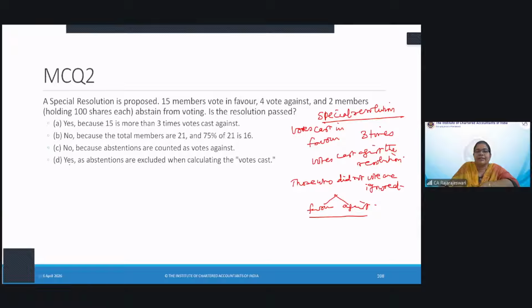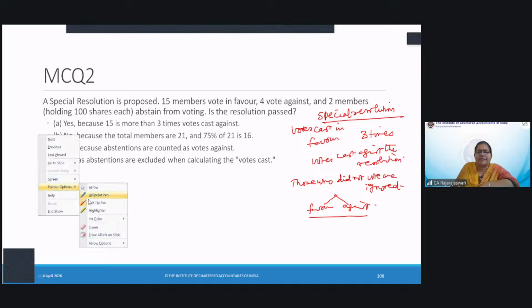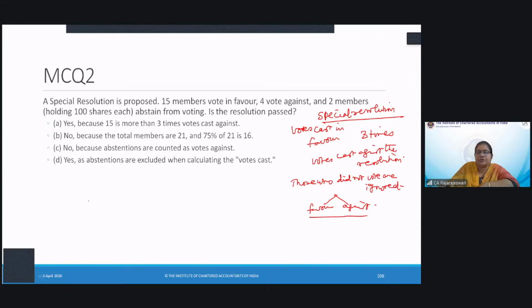Now, in this case, 15 members voted in favor. Now, we are bothered about how many voted against. That is more important. So voted against is equal to 4 members.